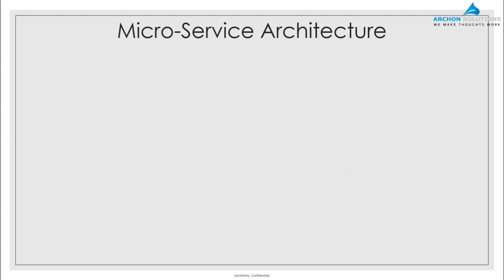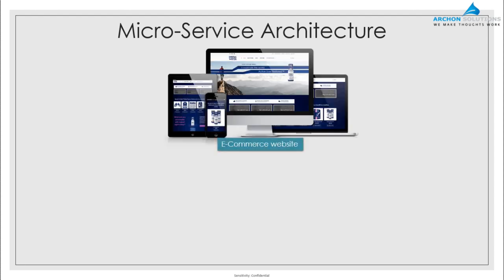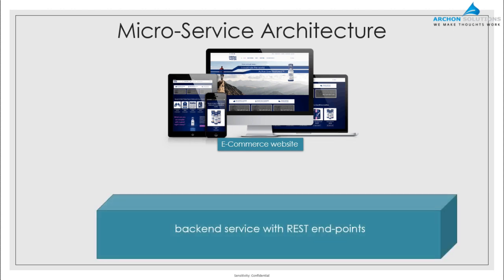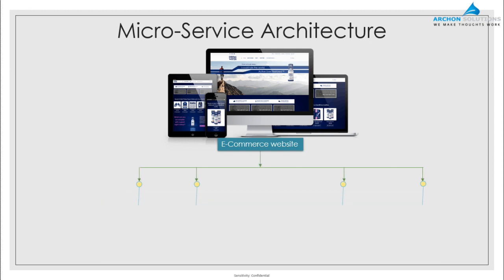Now, how different is a microservice architecture from a simple service-based architecture? Let's draw a parallel between the two architecture methodologies. So, in our previous example, yes, we had a backend service which had various endpoints which is categorized into modules.